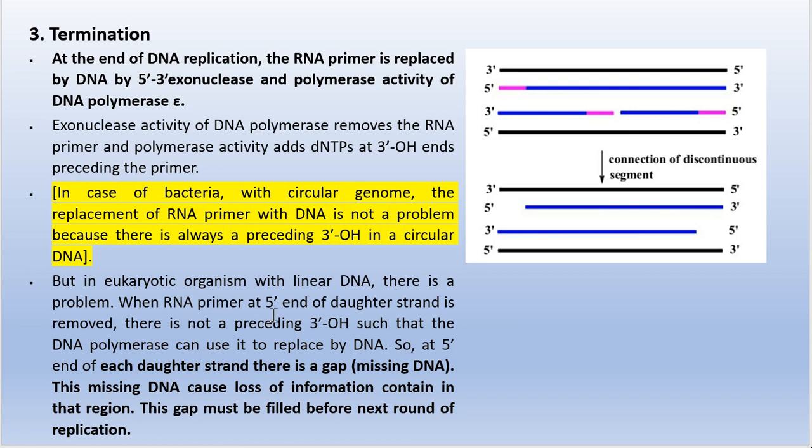When the RNA primer at the 5' end of the lagging strand is removed, there is no preceding 3' OH that the DNA polymerase can use to replace it with DNA. So at the 5' end of each lagging strand, there is a gap known as missing DNA. This missing DNA causes loss of information contained in that part, and this gap must be filled before the next round of replication.